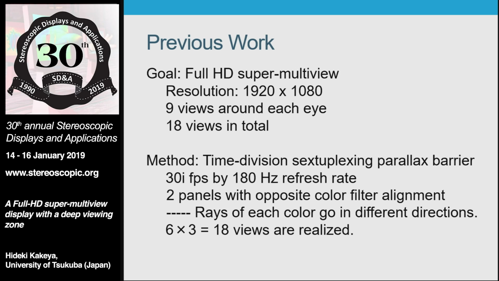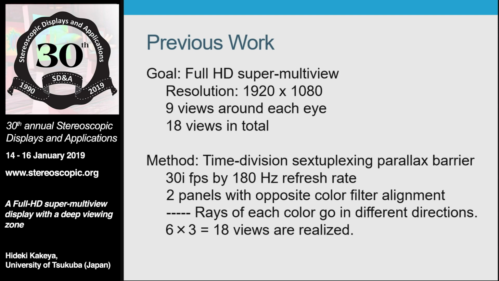So we generated 18 views in total. How we do that is we apply a sextuplexing time division parallax barrier. And we also use a 180 Hertz refresh rate. Then we can attain 30 interlace frames per second.